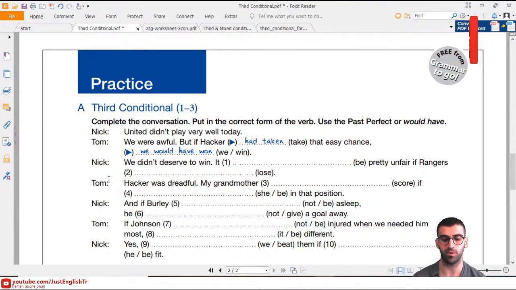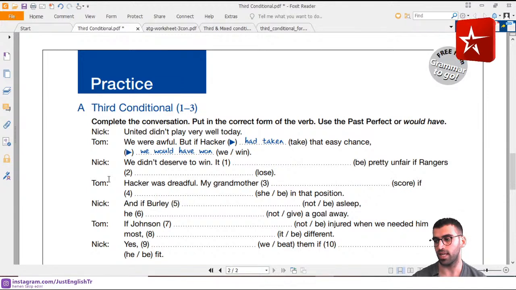Tom says, we were awful, but if Hacker hadn't taken that easy chance, we would have won. That is the answer given by Tom using a third conditional sentence.